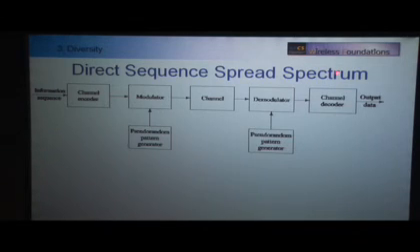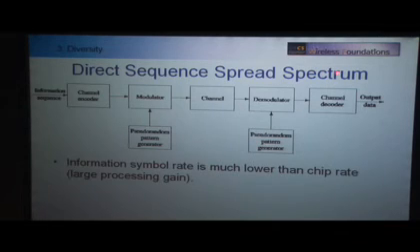So the ratio between the bandwidth and the data rate is very large. It's 128. So this is the so-called processing gain. So you have a very low data rate compared to your bandwidth. And this is a basic property of a spread spectrum system, a CDMA system. So this is a large processing gain system.